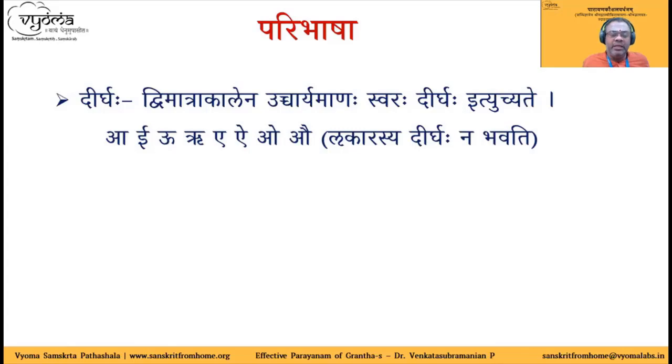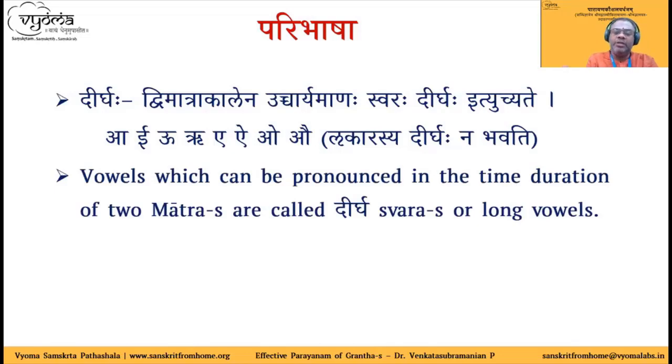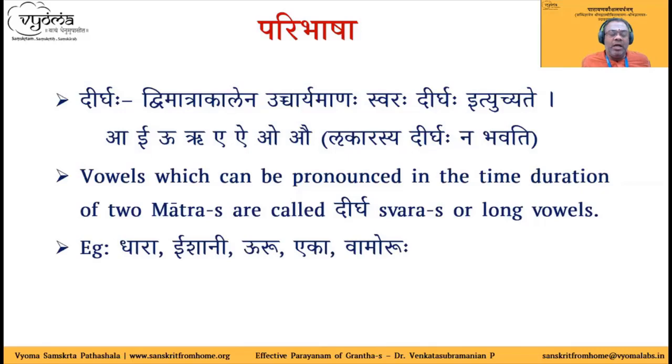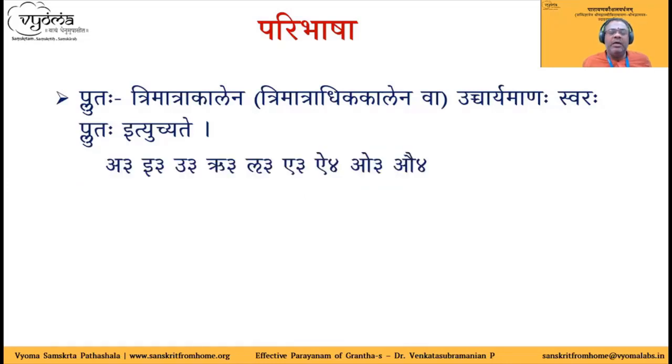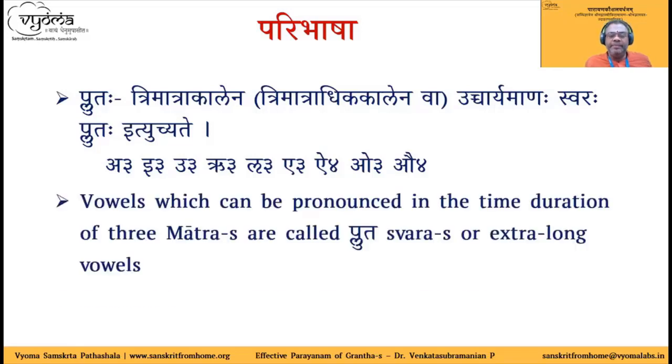Vowels which can be pronounced in the time duration of 2 matras are called dirgha swaras. Dhara, Ishani, Uru, Eka, Vamoruhu. Trimatra kalena uchcharyamanaha swaraha plutaha. A, I, U, similarly.